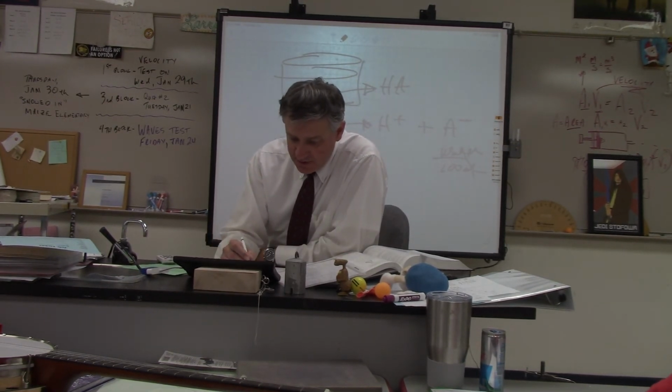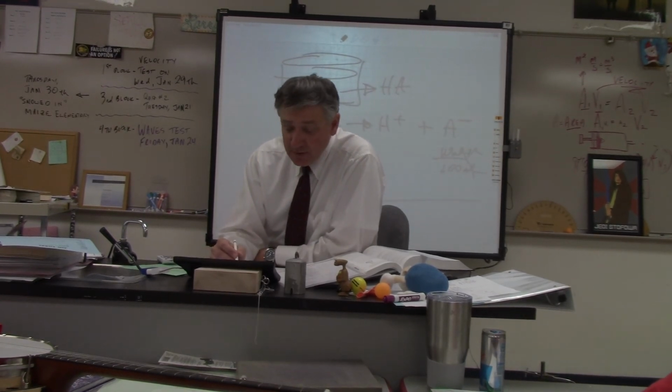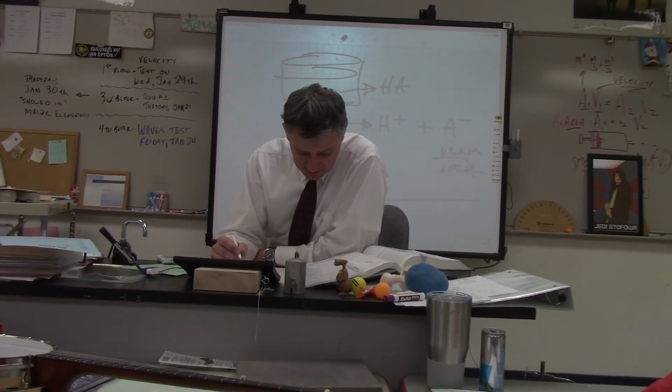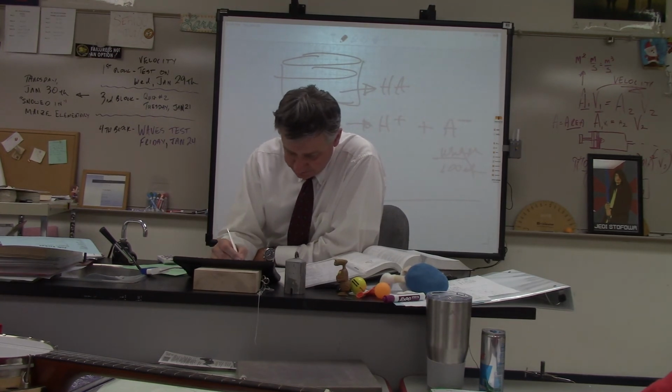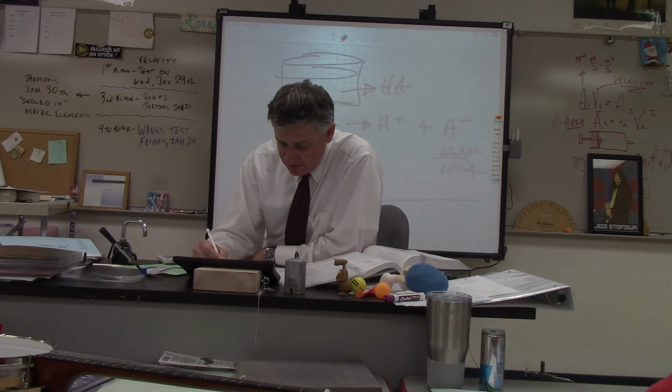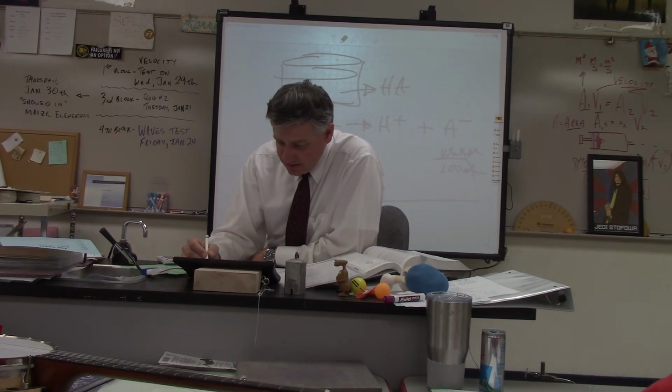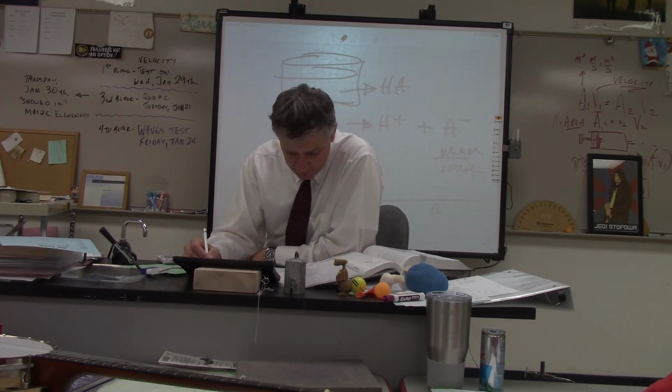Here's my RICE chart. You're going to have this molarity, 7.5 divided by 100, which is 0.075. Your hydronium ion concentration is X. Your anion concentration is 0.10.